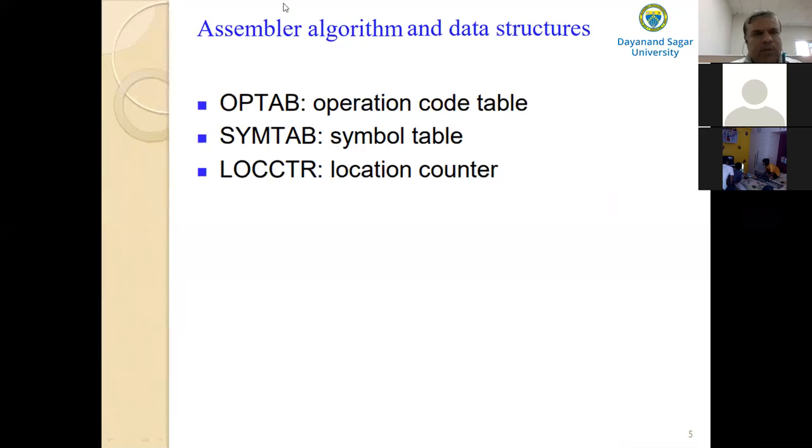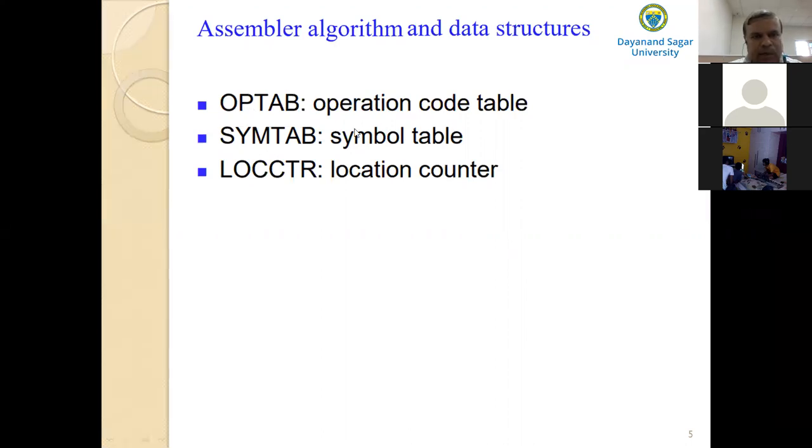Then comes the algorithms and data structures used by this simple SIC assembler. A simple SIC assembler makes use of two major internal data structures. They are the operation code table, in short OPTAB, which stands for operation code table.